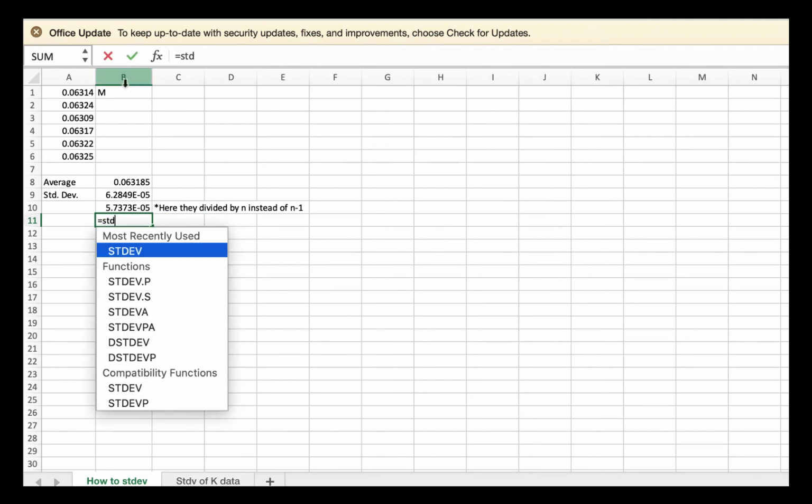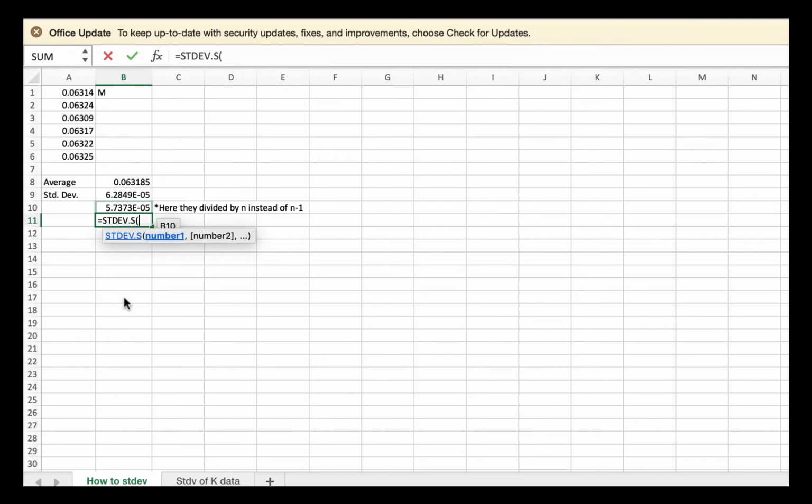And this STDEV.S is the other one that looks kind of like it. Let's calculate that real quick. And it happens to be exactly the same as the STDEV. So you can use either one of those, just don't do the P. And if you forget which one, then calculate all of them. The smallest one is not the one that you want.